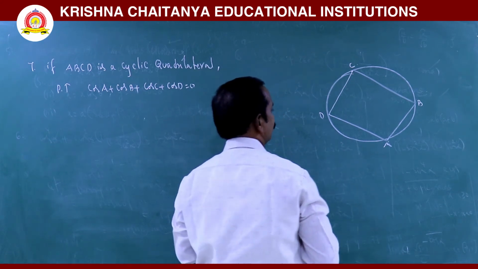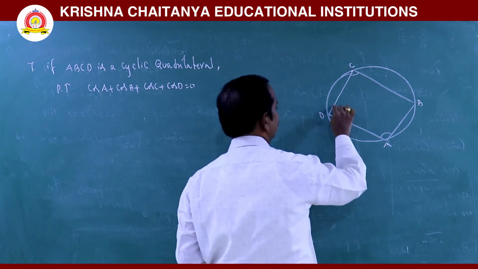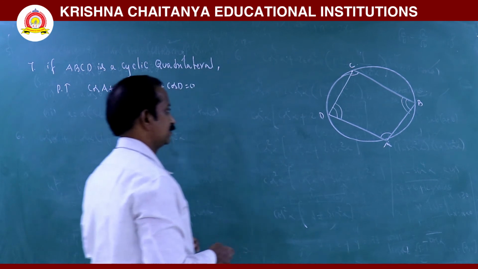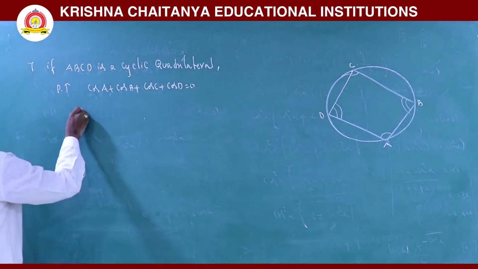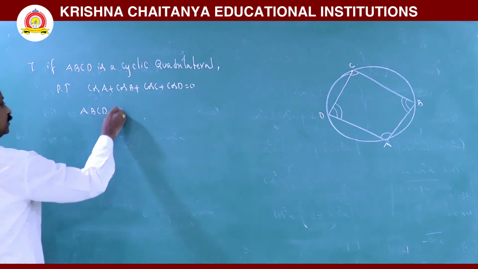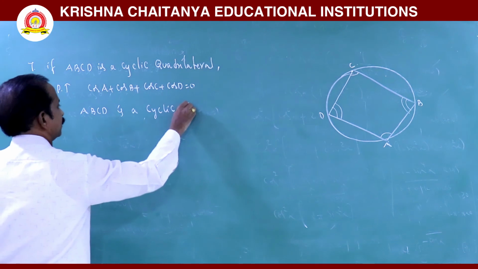Condition for a cyclic quadrilateral: sum of opposite angles is 180. Sum of opposite angles is nothing but 180. So ABCD is a cyclic quadrilateral.